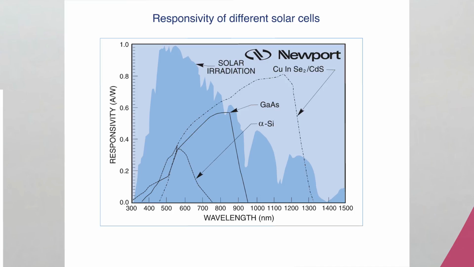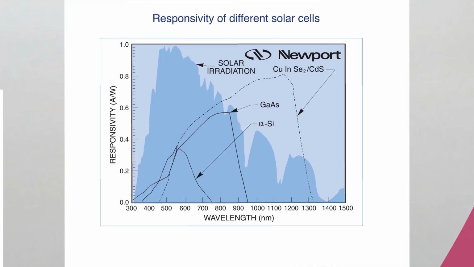Now, just also be aware that different solar cells have very different responses. This is similar to the spectrum splitting lecture that we saw. This is the solar radiation, and these are different solar cells. So this is amorphous silicon, the response is right there. This is gallium arsenide, and this is the CIS, or cadmium sulfide.